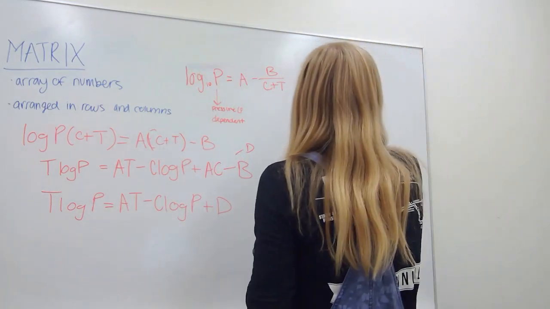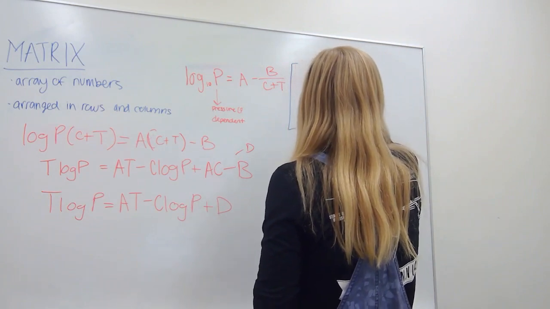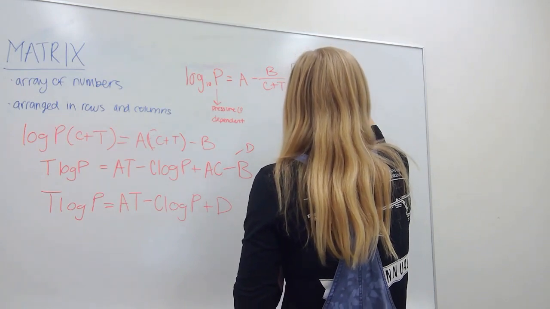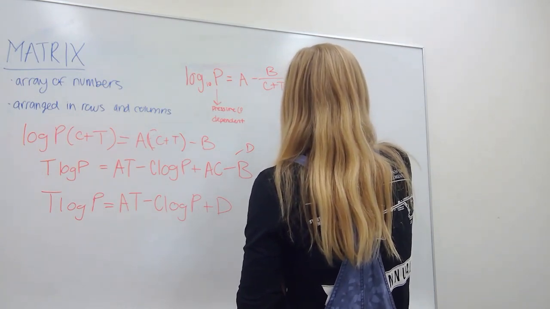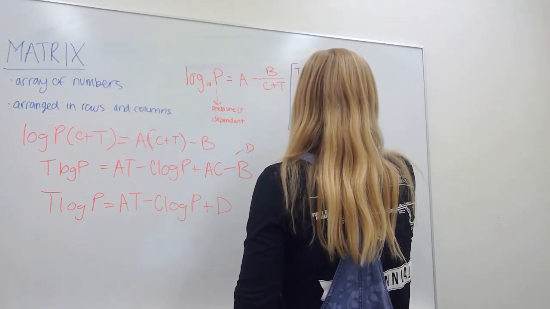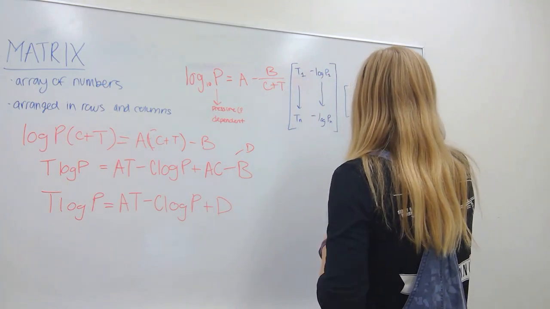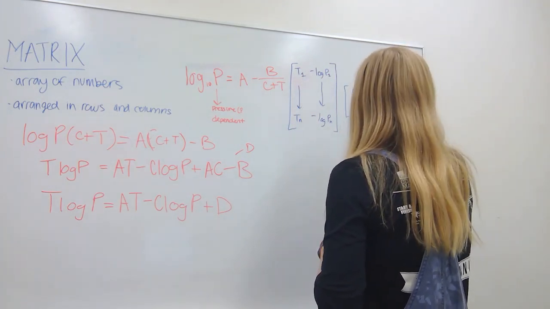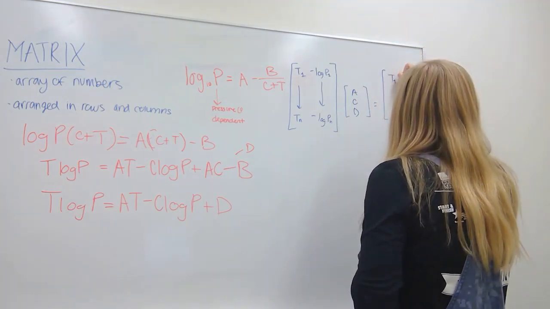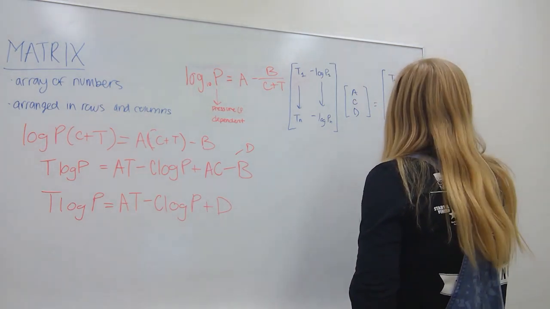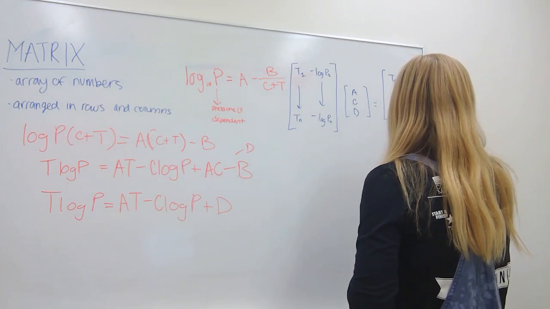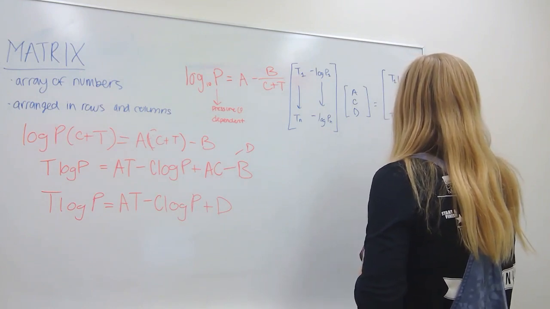These are our experimental values, so this is T1 minus log P1, and it goes all the way down to however many data points we have. Vector of unknowns, which is our A, C, and D equals, and then these are going to be our Y values, which is the T1 log of P1, again, all the way down to Tn log of Pn.